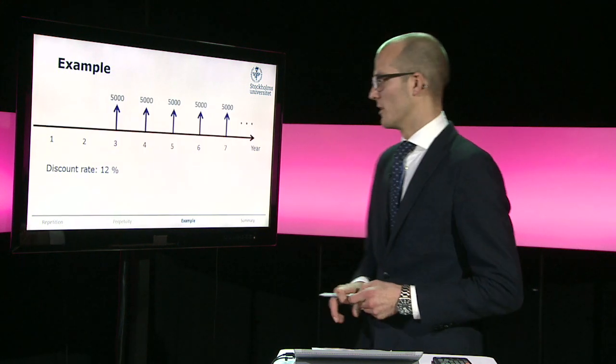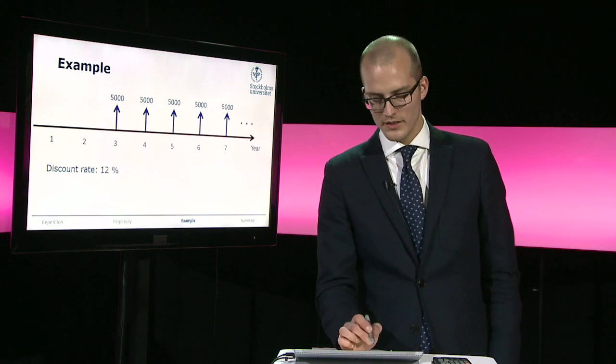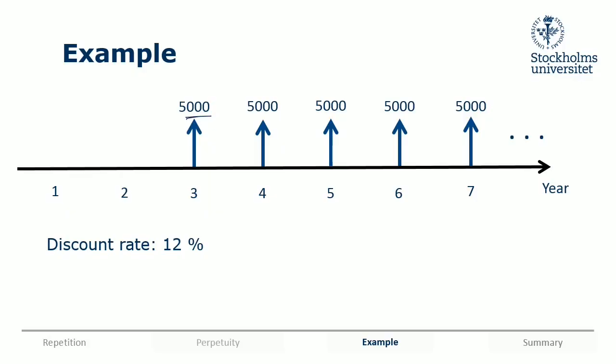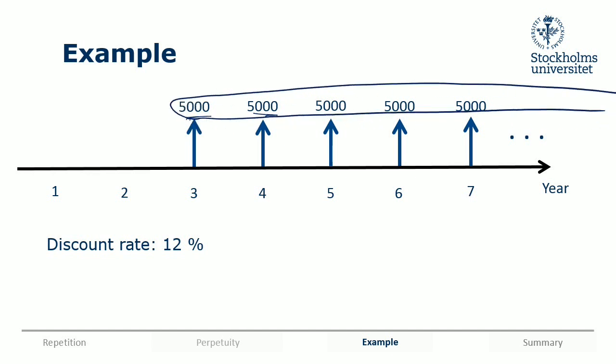So this is what it looks like. In 3 years you get 5,000, and then you get 5,000 every year for infinity. And the present value, we want to take all these cash flows and move them to today, as we have done before.